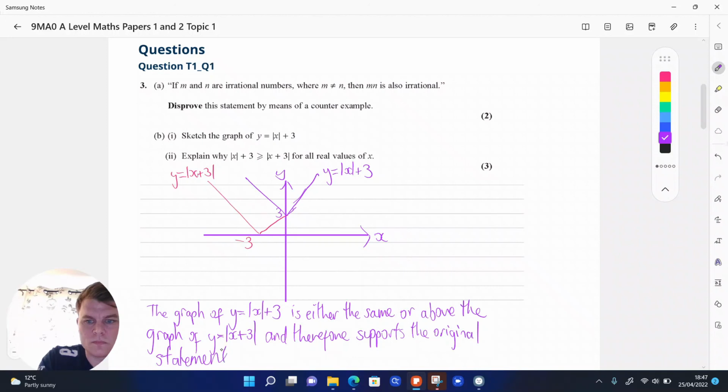And therefore supports the original statement.